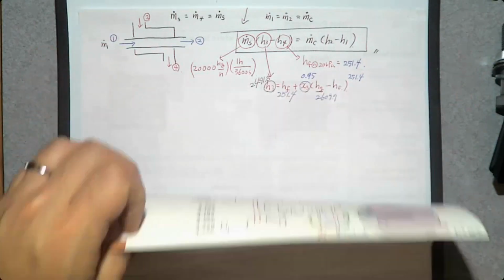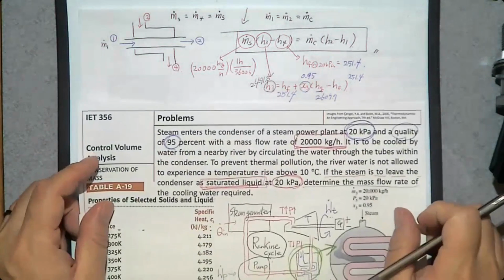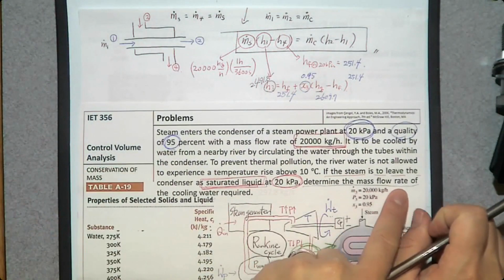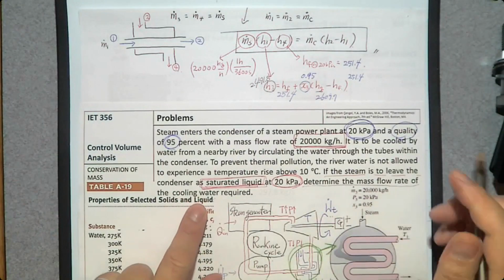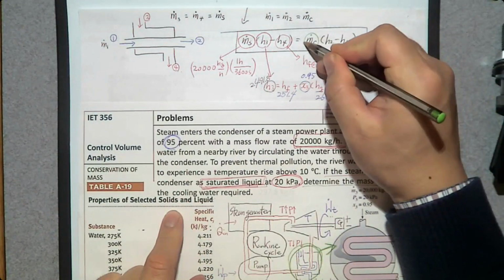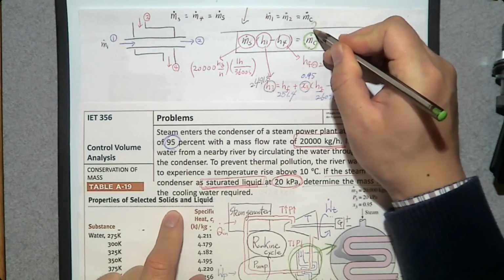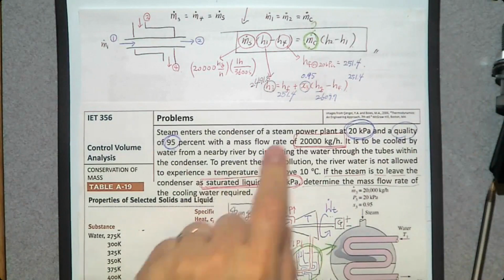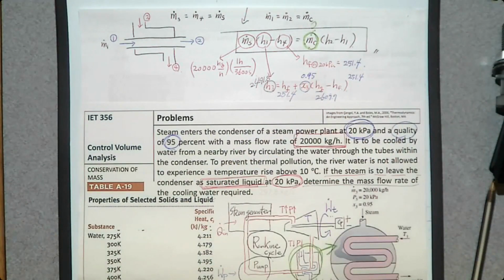What do we want to determine? We want to determine the mass flow rate of the cooling water. So this is our unknown. Then if you know H2 minus H1, we can determine m dot of the cooling water. So how do we determine H2 minus H1? It depends on our system.